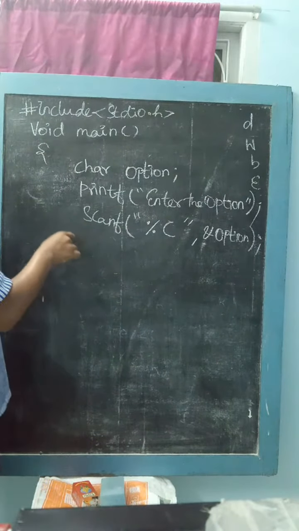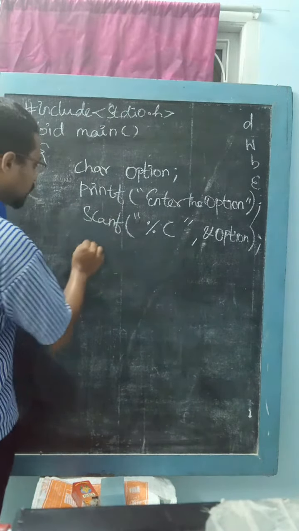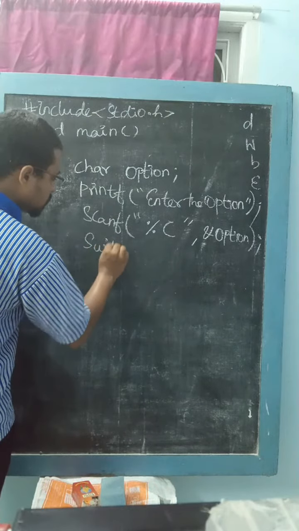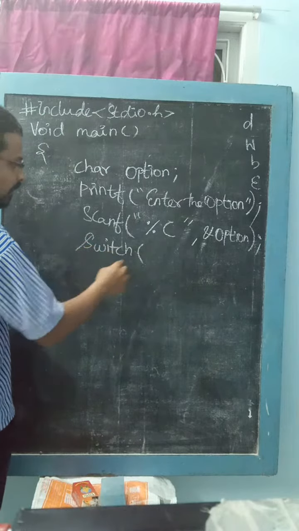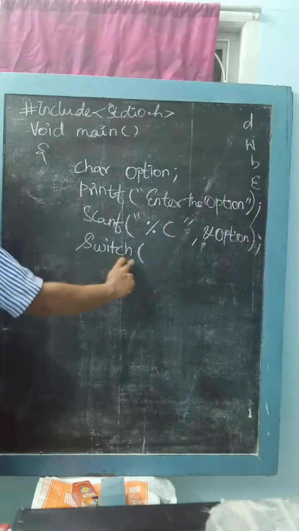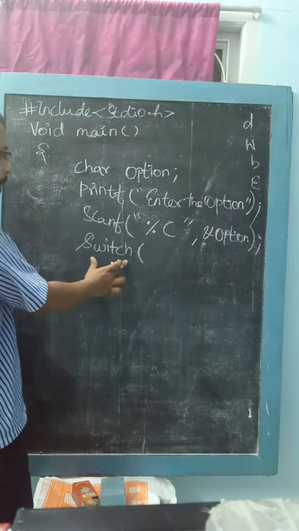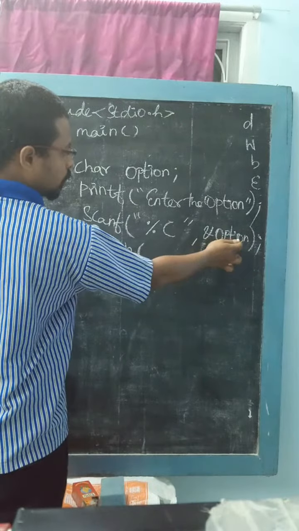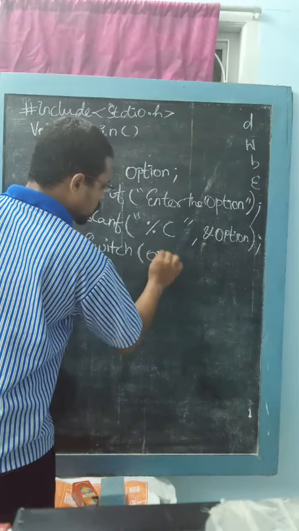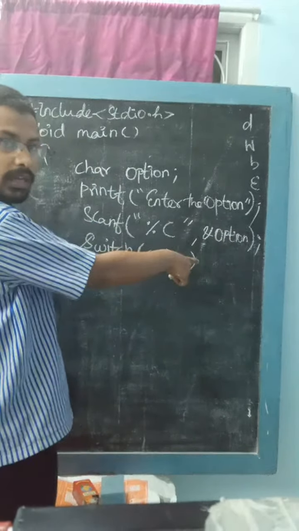Now we are going to see the rule based on the syntax. You write switch. Switch is a keyword, so we have to write every letter in lower case. Whatever input we are getting here, you have to use option, because the option value is what we get from scanf.